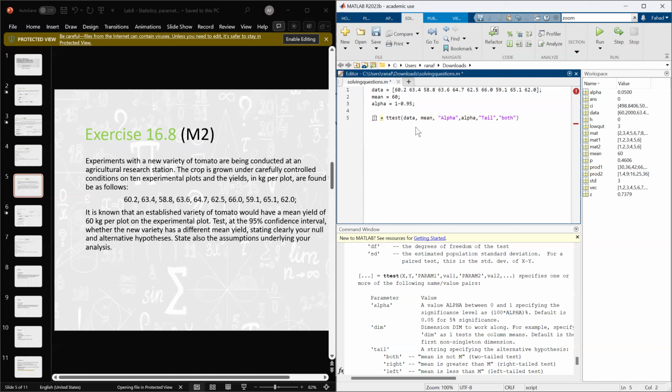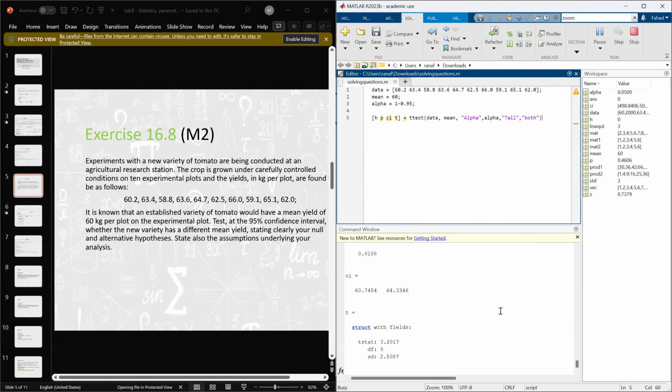And the parameters will be similar to the z-test. The first one is h, the hypothesis, p, the probability, ci, the confidence intervals. And the last one, instead of z, we'll just call it t because it's a t-test. And this should be the values from the t-test.